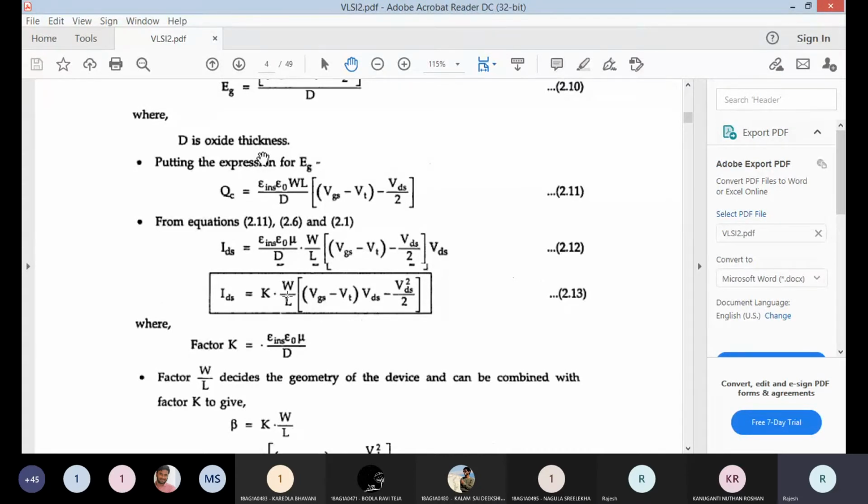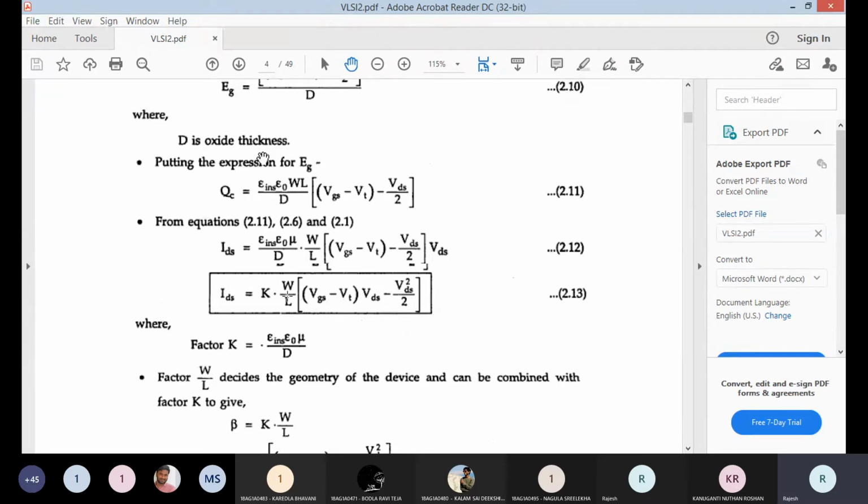If you are having less polysilicon, width of polysilicon is less. Concentration of carriers in the channel is less. So corresponding IDS is less. Now if you are having small channel length, IDS is more because the electrons have to travel a small distance. So corresponding current will be more.